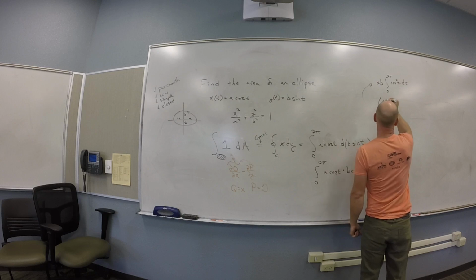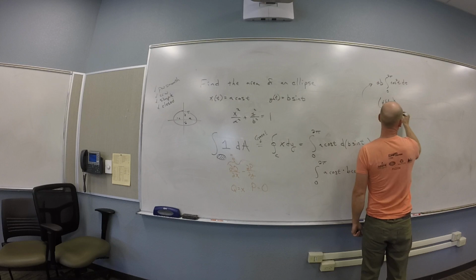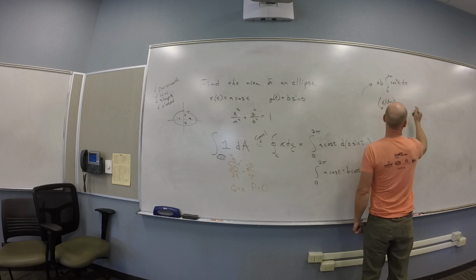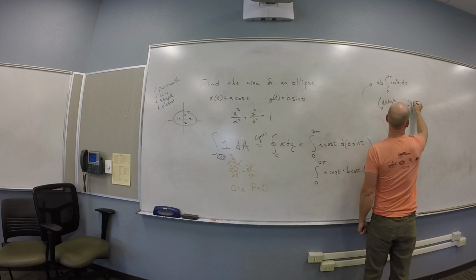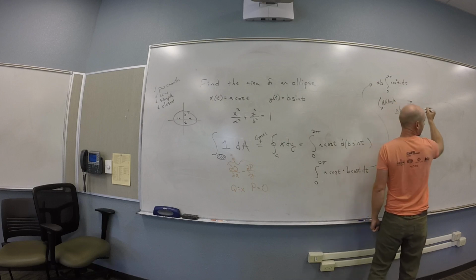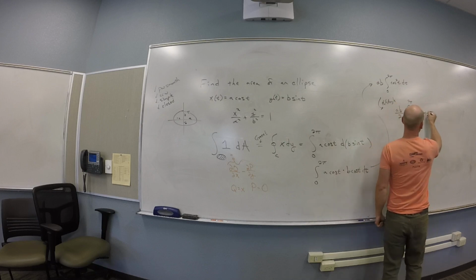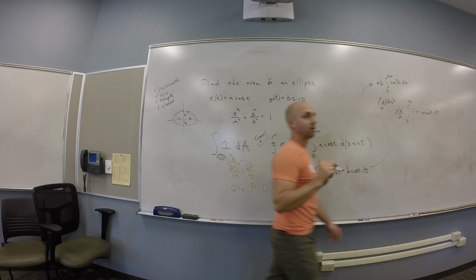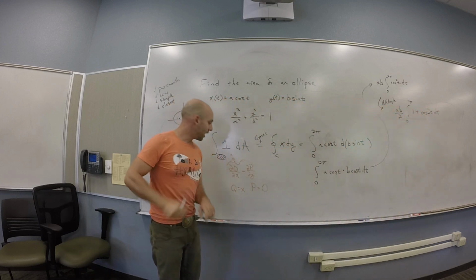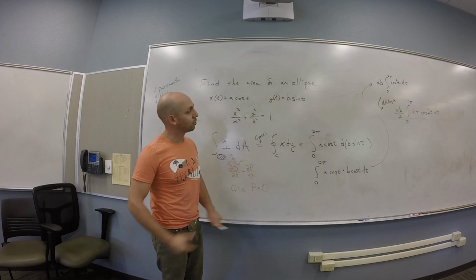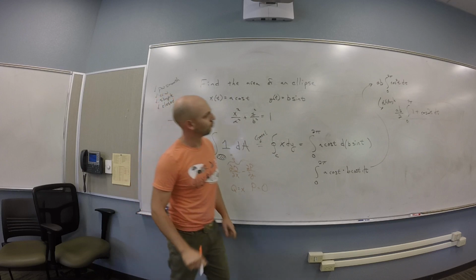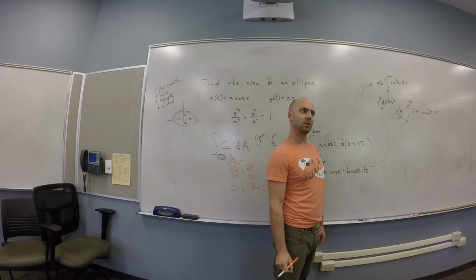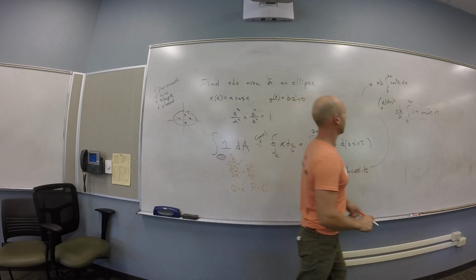So hit this with a half angle, right? So you get ab over 2 times the integral from 0 to 2 pi of 1 plus cosine 2t dt. Which part's easy? Cosine 2t, because that's 0.